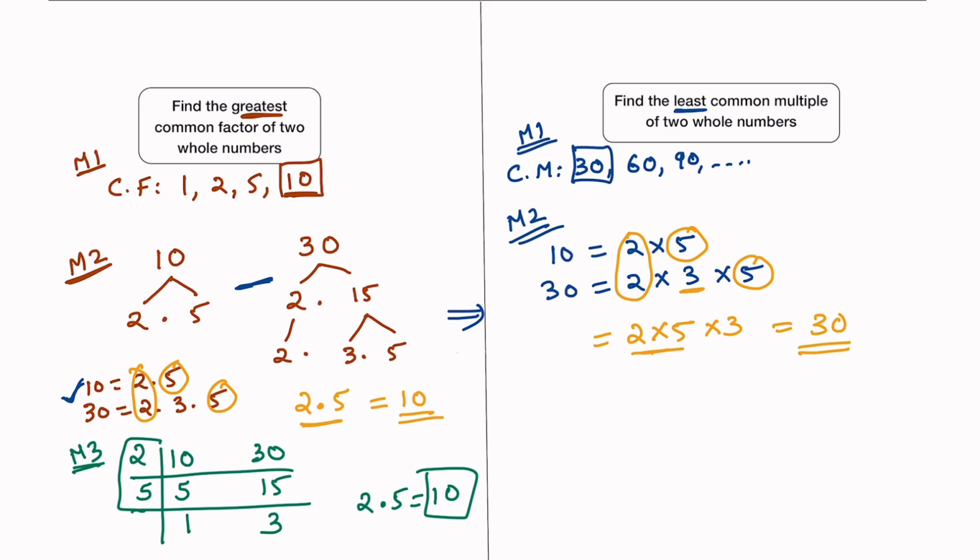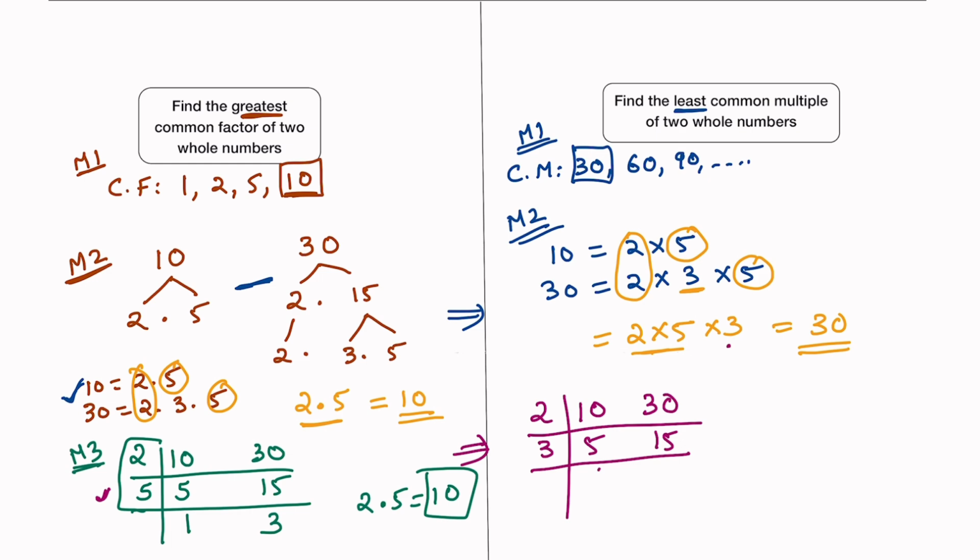Okay, and the last method, same as it's here. Let's see, 10, 30. I'm going to do this because there's little difference. We start with 2, so that's 5 and 15, right? Now, we said in this case we took only common factors, right? But here we'll also consider uncommon factors. So we go for the next prime number, which is 3. 5 divided by 3 will get a remainder.